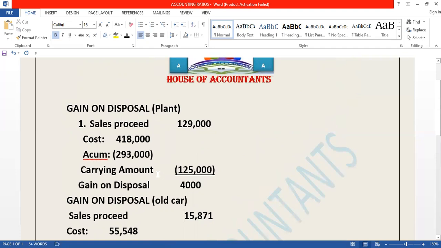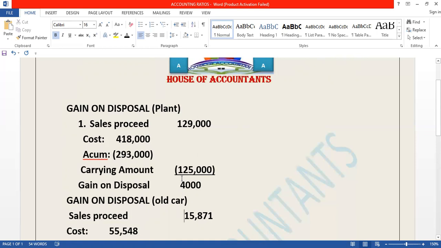Did you check this properly? For question one, what was the accumulated depreciation? It was 293, right? Yes. Can you recalculate this? 418,000 minus 293,000. What do you get?